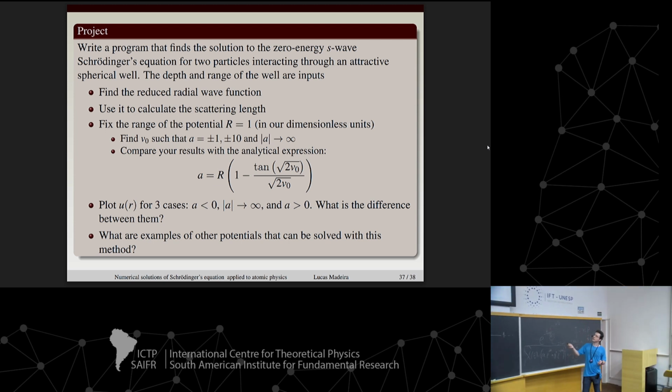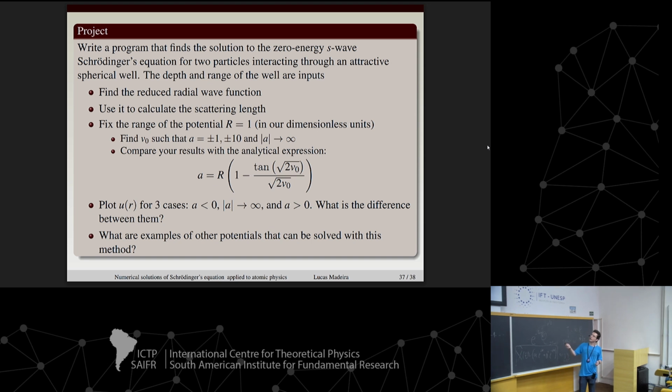And then I'm asking you to vary the depth of your well, so the V0, the one that controls the depth of the well, and here I put 5 values of the scattering length, but these are arbitrary. You can do as many as you want. It's interesting to do 1 positive, 1 negative, and infinite to see what's going on, okay?